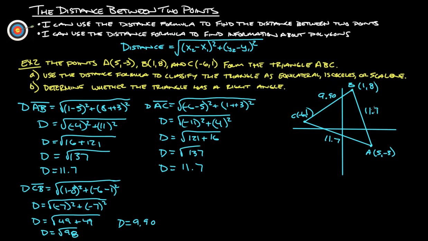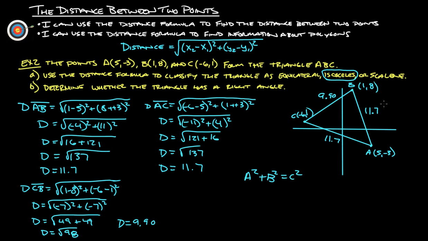So now that we have the three sides all figured out, we have two that are the same and one is different, so that means it's going to have to be isosceles, right? And then determine whether the triangle has a right angle. So what we'd have to do is check, does a squared plus b squared equal c squared?